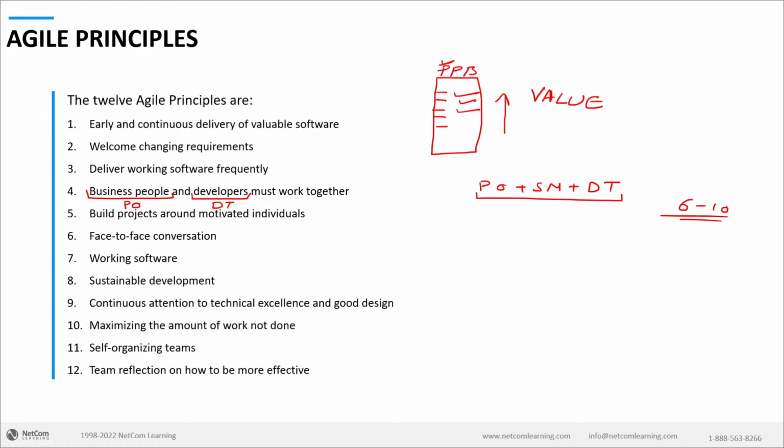Self-organizing team. Organizations or teams are supposed to manage their work by themselves. In Agile, we don't expect a lot of hand-holding.